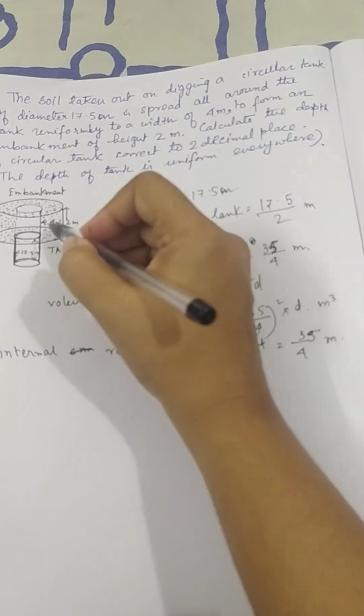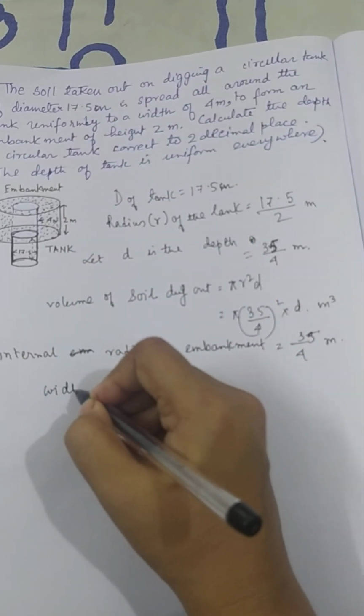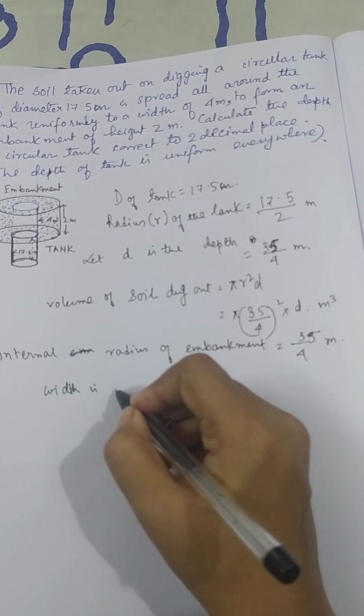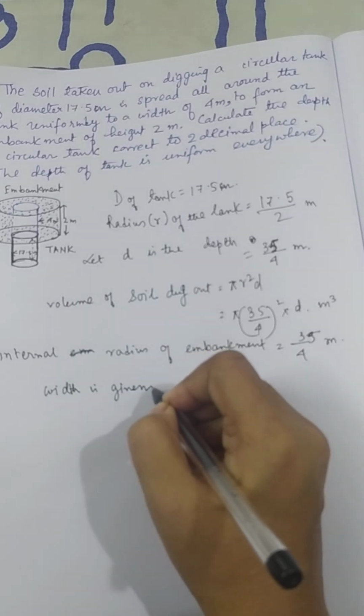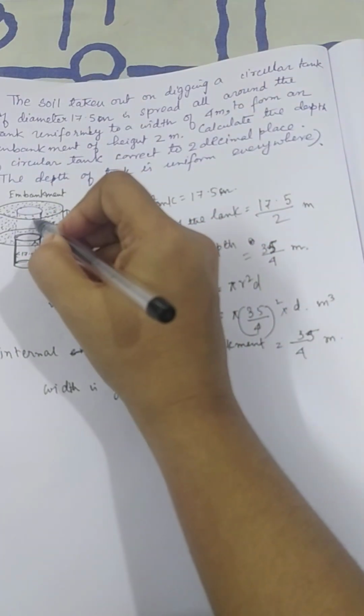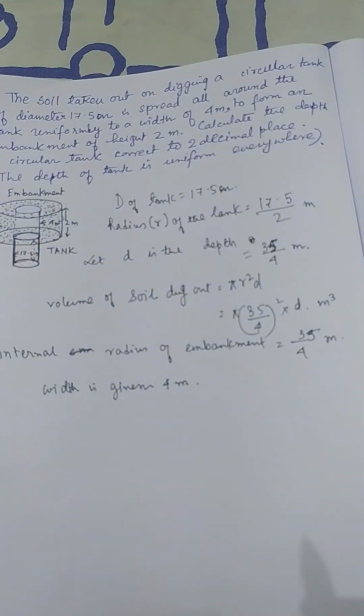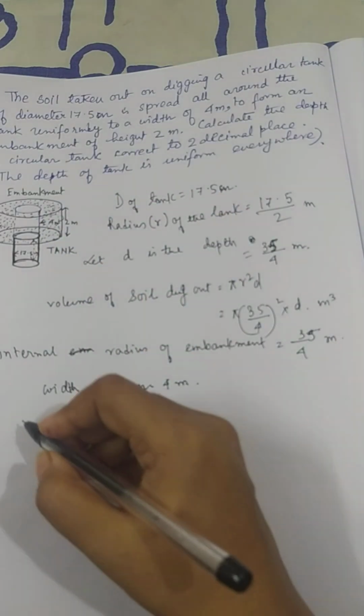Now width is given 4 meter. Okay. So obviously the external radius, what will it be?